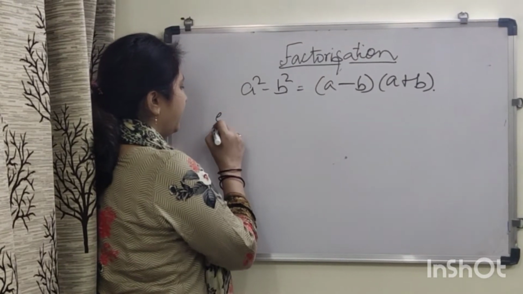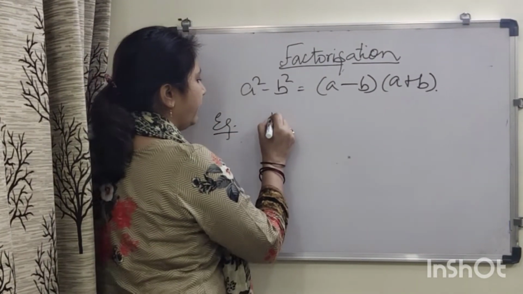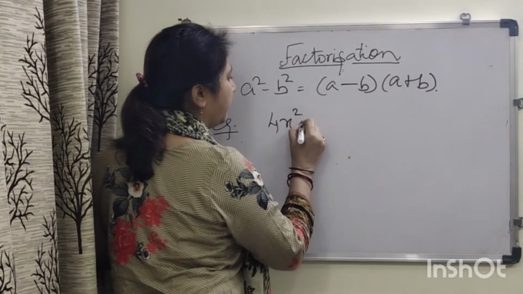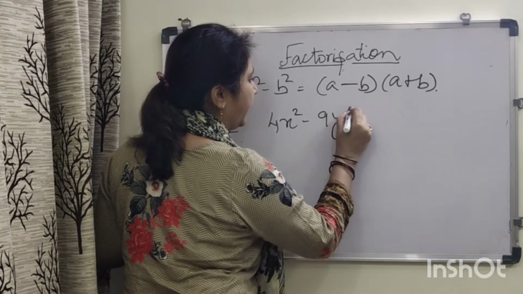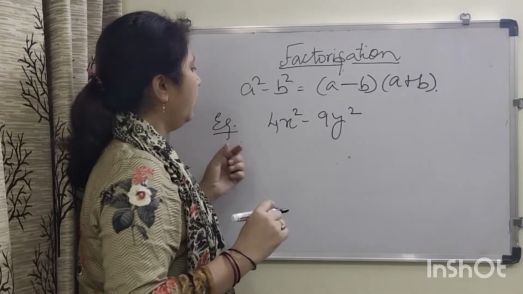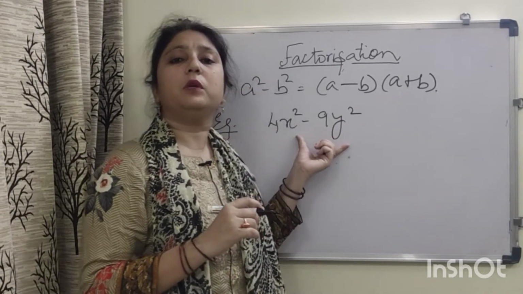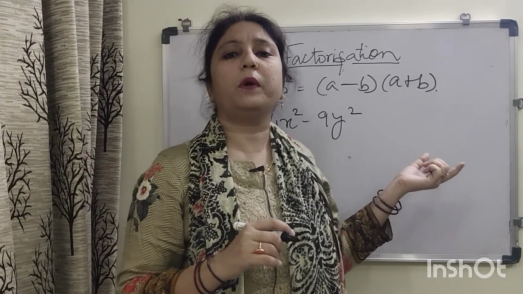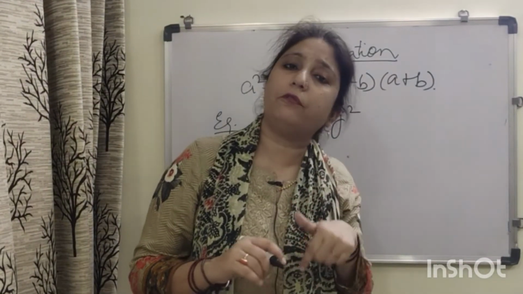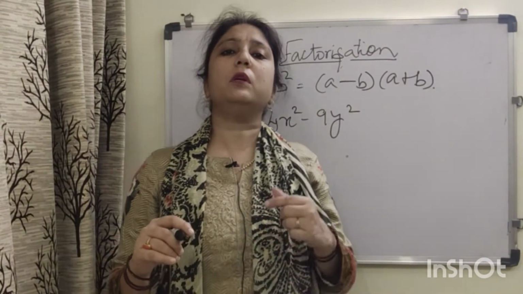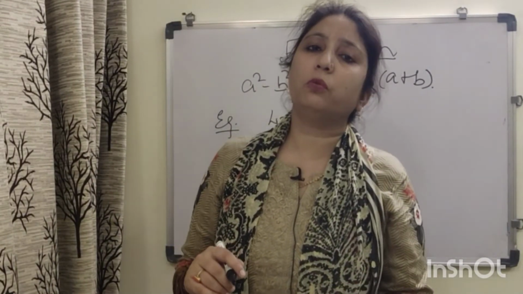For example, say you are given an expression 4x square minus 9y square. First of all, you can see there are two terms, 4x square and 9y square. We have to check whether these two terms are perfect squares or not.